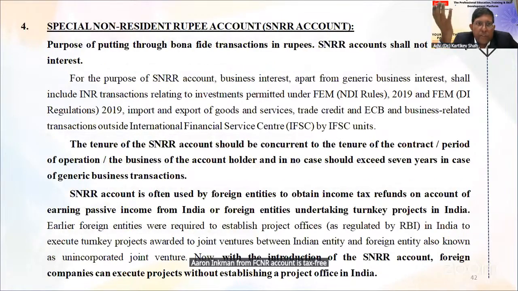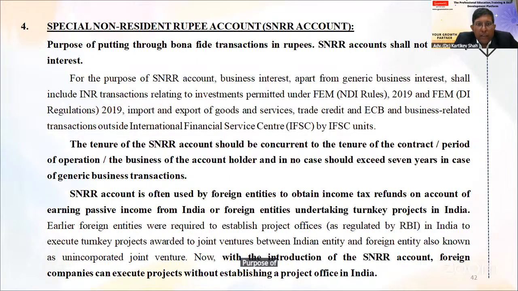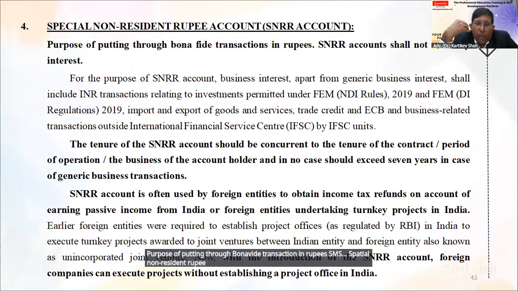Then there is the Special Non-Resident Rupee account, SNRR, for a specific purpose, right? The purpose is to carry out bona fide transactions in rupees. Earlier, a foreign company had to show its establishment and its local bank accounts for running any projects.